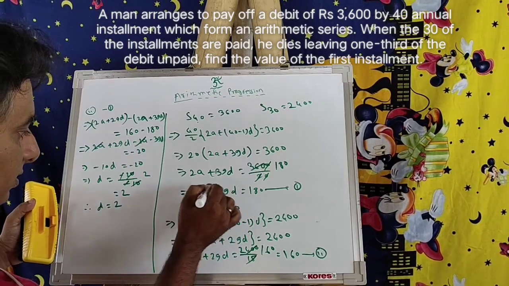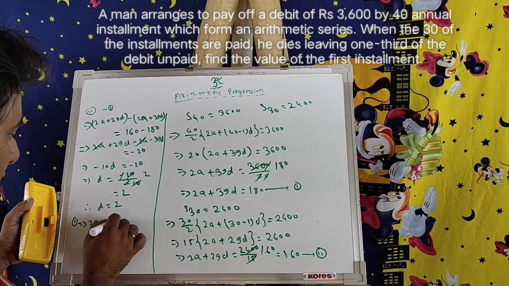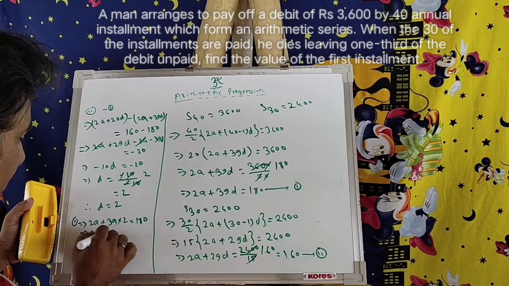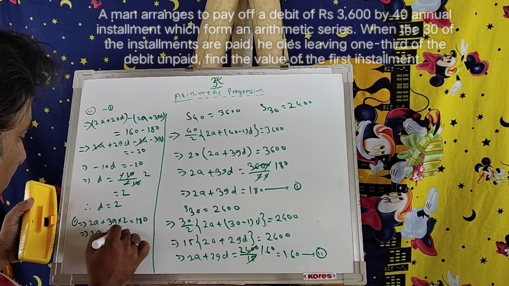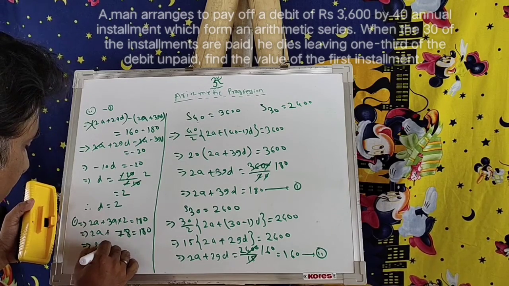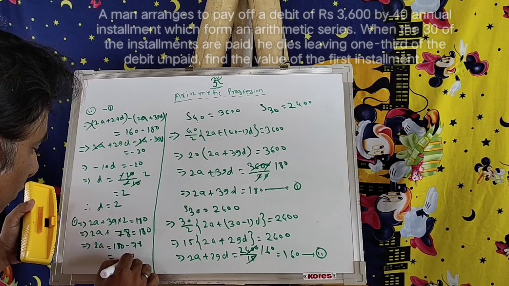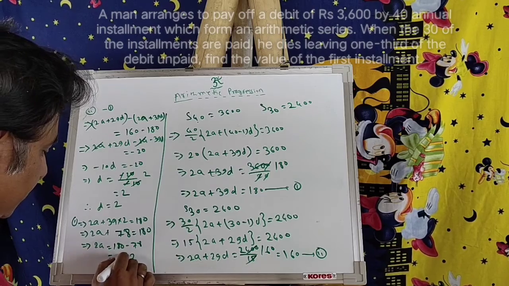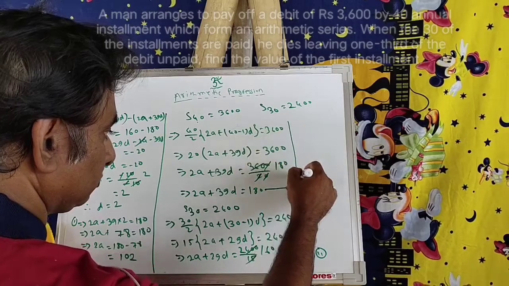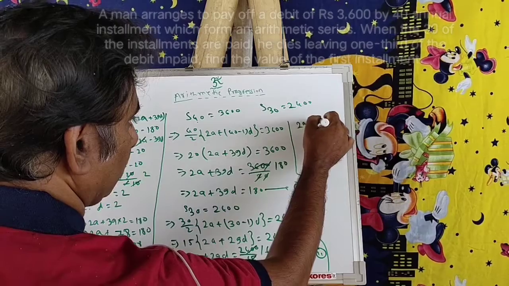Putting the value of d in 1, we get 2a plus 39 into 2 equal to 180. This implies 2a plus 78 equal to 180. This implies 2a equal to 180 minus 78, equal to 102.